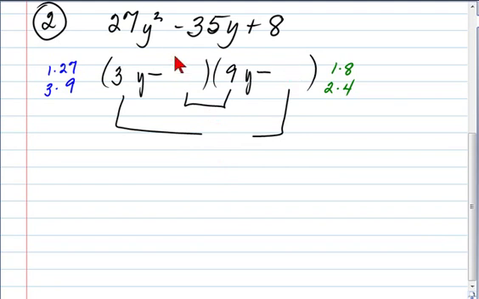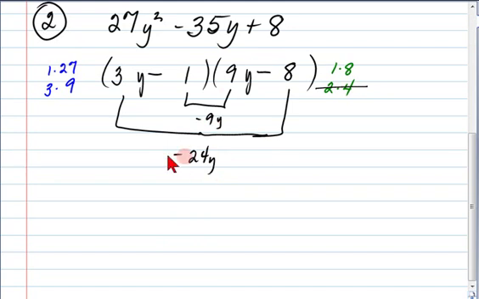All right. Here's what I know so far. That I have a good eraser, and that 3 and 9 don't work with those. Okay? So now, I'll see if they work with 1 and 8. The outer product is negative 24. The inner product is negative 9. They had y's on them. And that's negative 33.